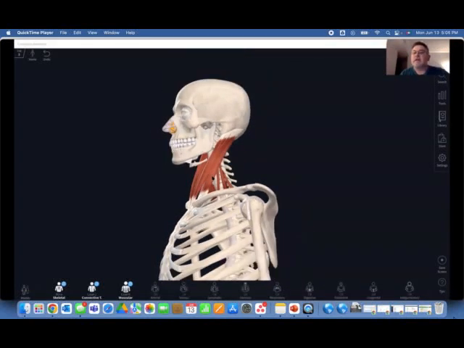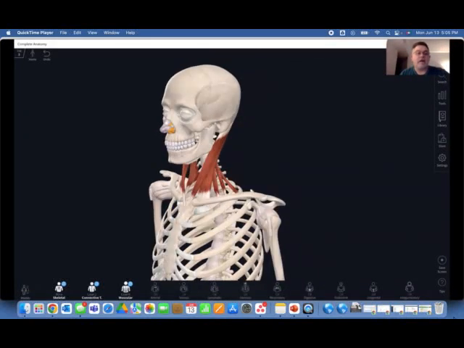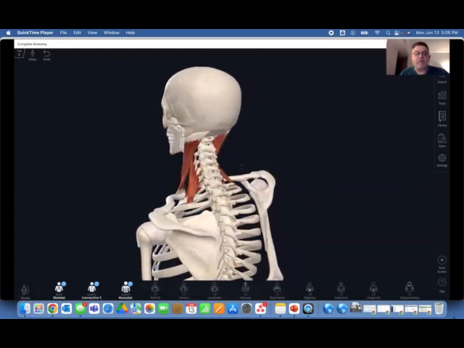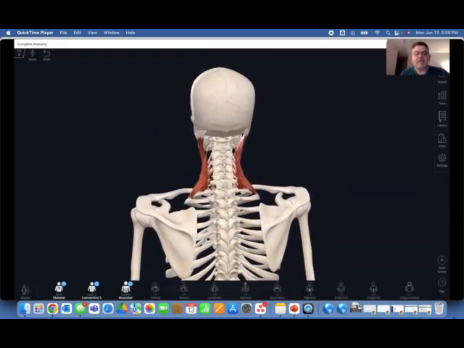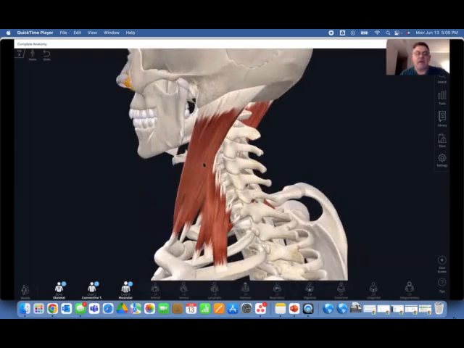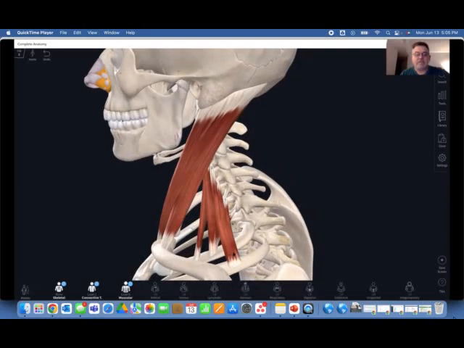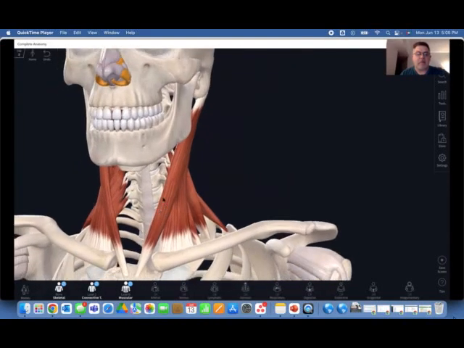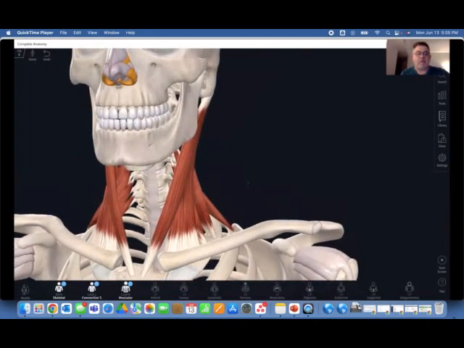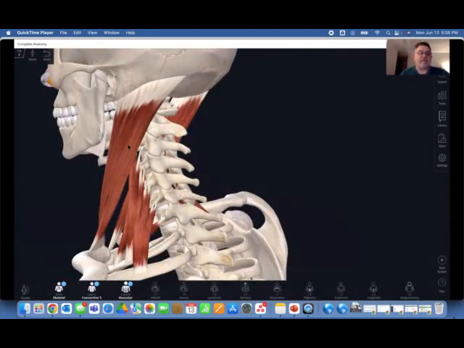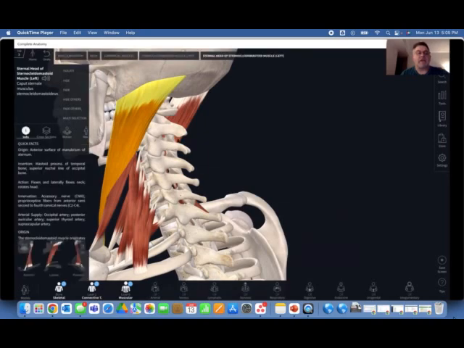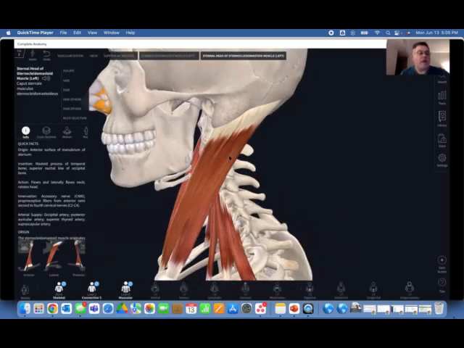So let's look at the 3D anatomy of the lateral, posterolateral aspect of the cervical spine. Here we're talking about all three of the scalenes, posterior, middle, anterior, and then the sternocleidomastoid muscle. So starting with the SCM first, let's talk about the origin first.